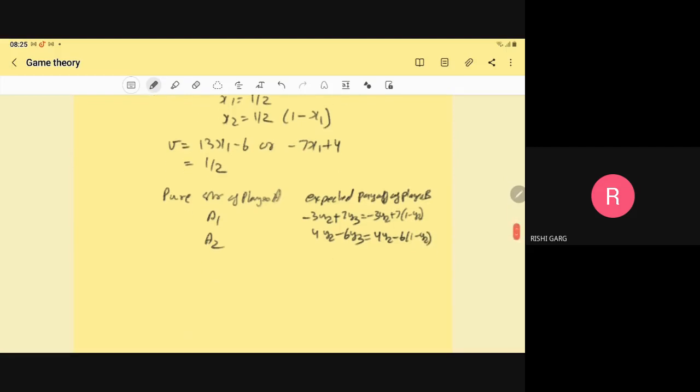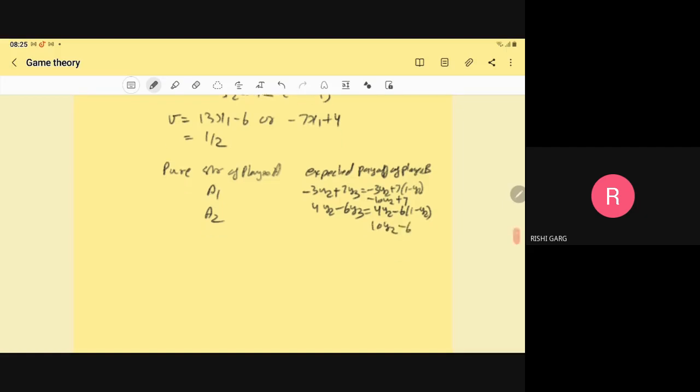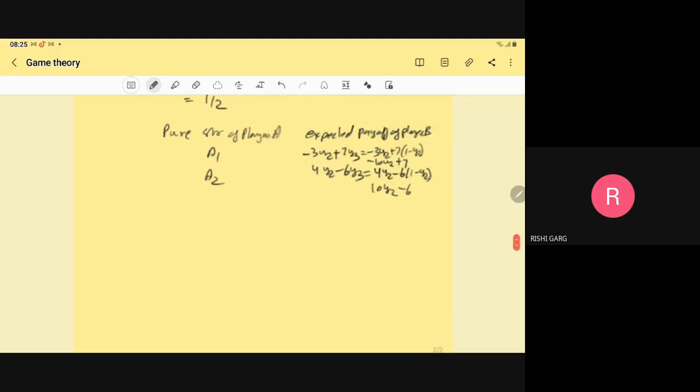So it will give you minus 10y2 plus 7, and the other will give you 10y2 minus 6. Because we have two lines, we need not make the graph, we just have to compute the intersection point. So minus 10y2 plus 7 is equal to 10y2 minus 6.